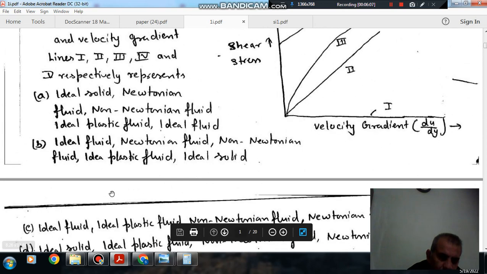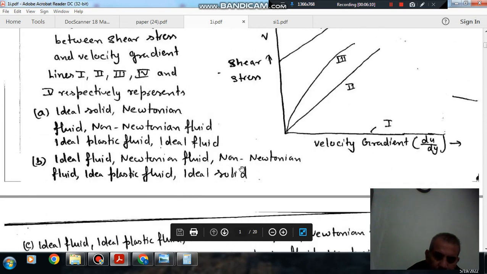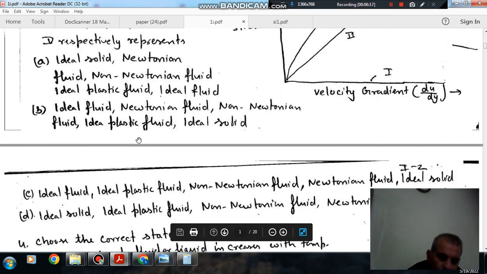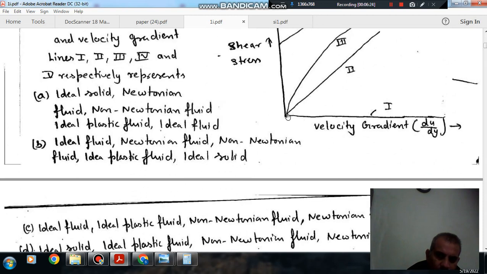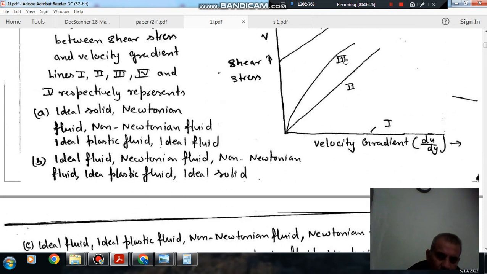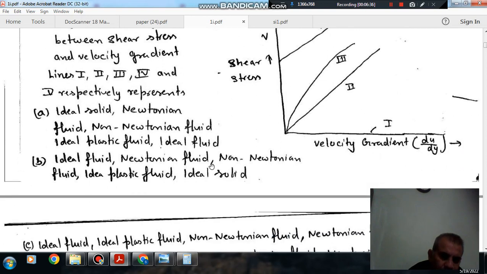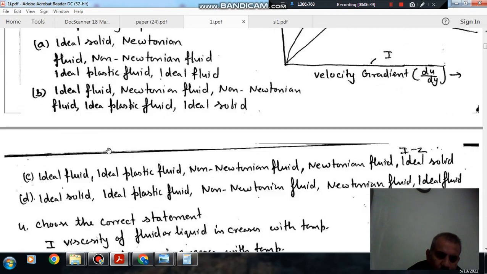And this is your Newtonian fluid because it is following Newton's law. Number 3 is your non-Newtonian fluid, because it is not following Newton's law, and this is your ideal plastic fluid as we have discussed in the previous question. So the answer is B.